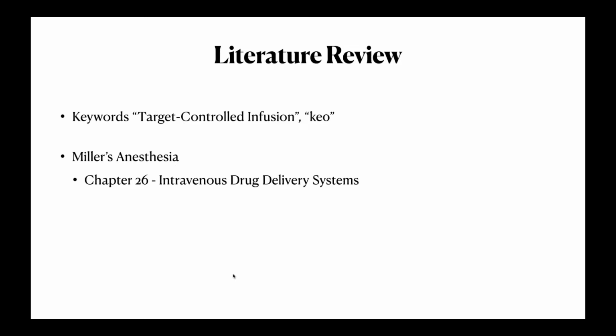There are other textbooks you can use, but it does get a little bit complex because when you read the different texts, they do have different algorithms. I think that Miller's summarizes it really well, and there is a lot of symmetry between what is written in Miller's and what you can find in other textbooks as well.